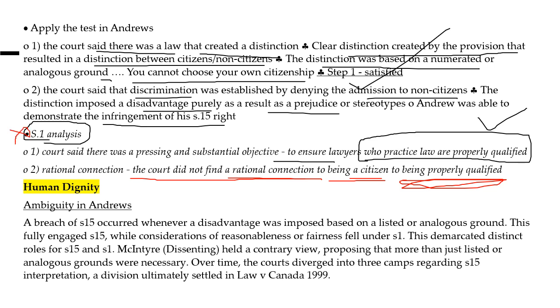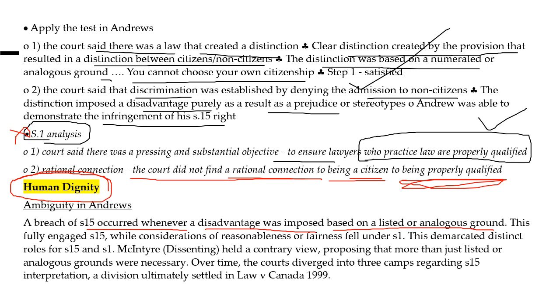So again, I am saying that in the examination, if you're getting a question on section 15, you have to go by the steps that are followed in the Andrews test. Then there was one concept, human dignity, that wasn't talked about in Andrews. A breach of section 15 occurred whenever a disadvantage was imposed based on a listed or analogous ground.